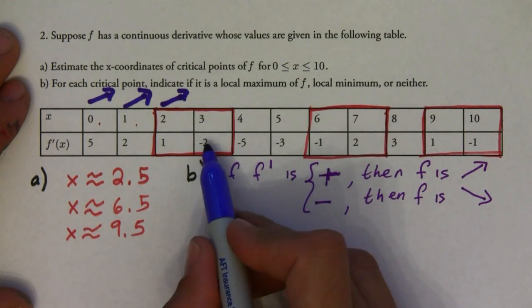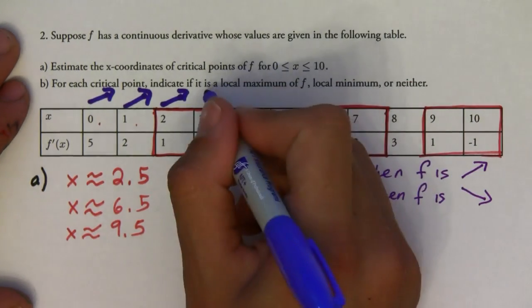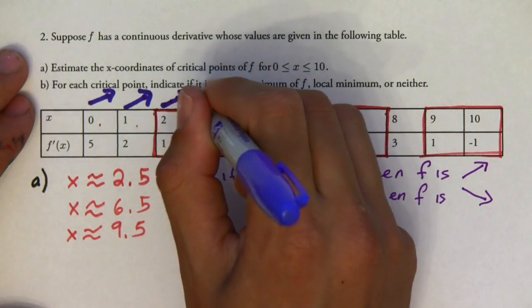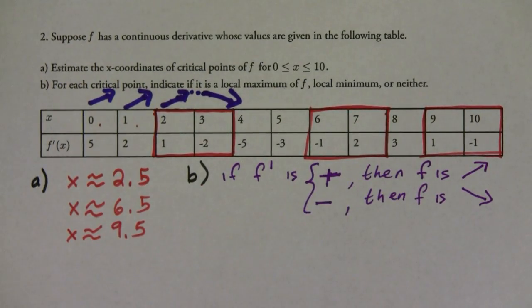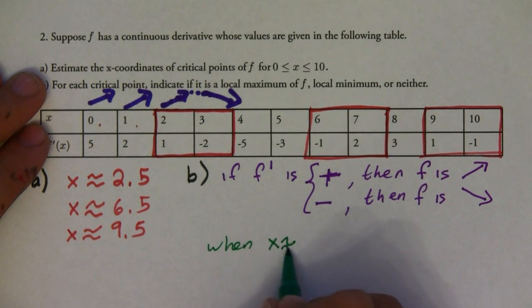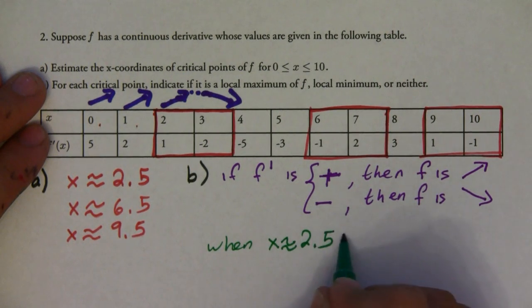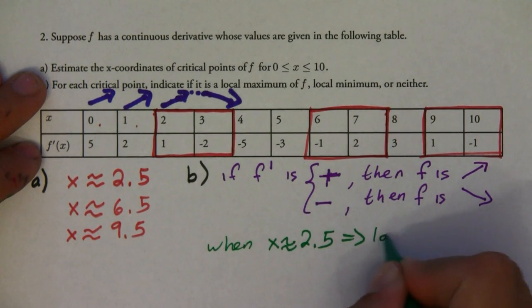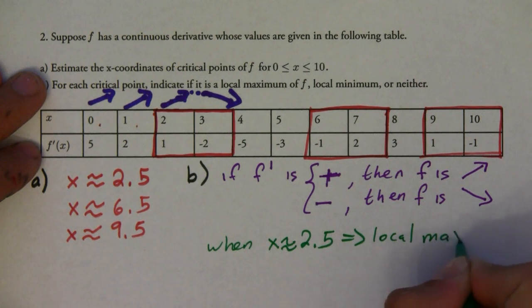And then when x is equal to 3, the derivative is negative, now it's decreasing. This means that when x is about 2.5, since it's increasing and then decreasing, I'm going to have a local maximum.